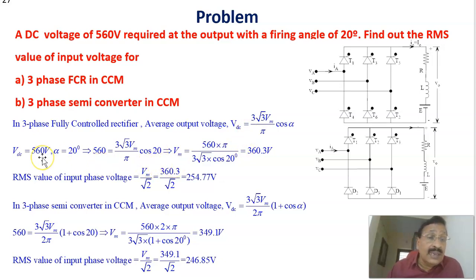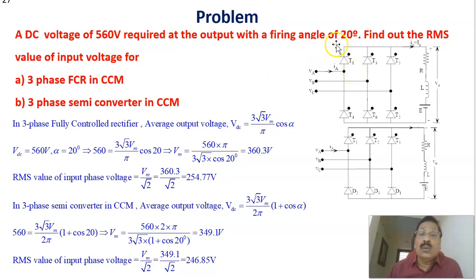Here 560 is the VDC, so 560 equals 3 root 3 Vm by pi into cos 20. From this equation, the unknown is the maximum value of the phase voltage Vm. You will be getting Vm equal to 360.3 volt. The RMS value is that divided by root 2, equal to 254.77 volt, which is the RMS value of the phase voltage.